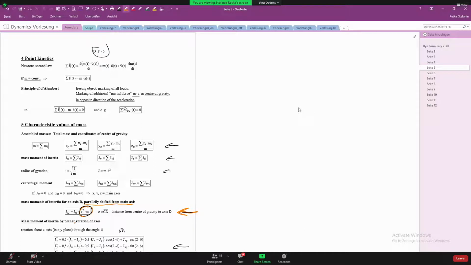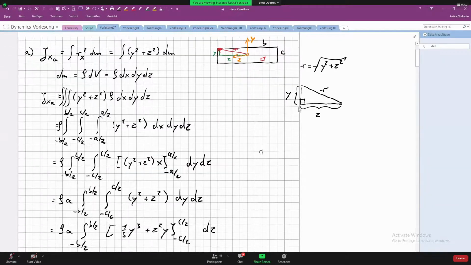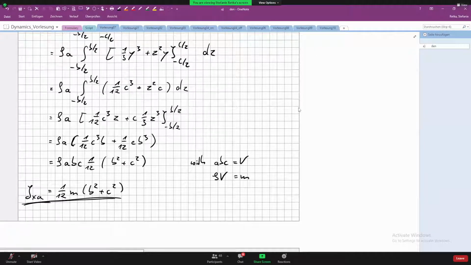Now, if we apply this equation, then we have J x b is equal to J x a plus mass times e squared.